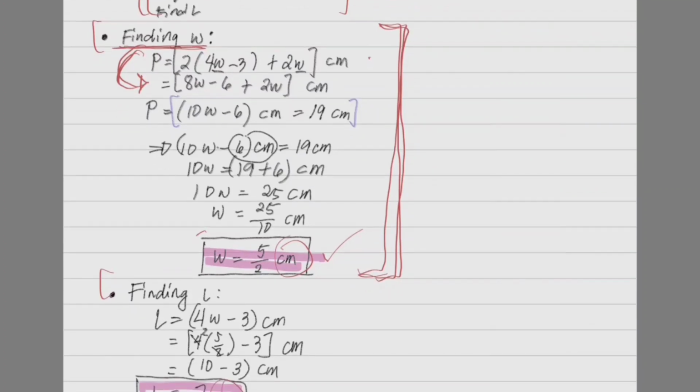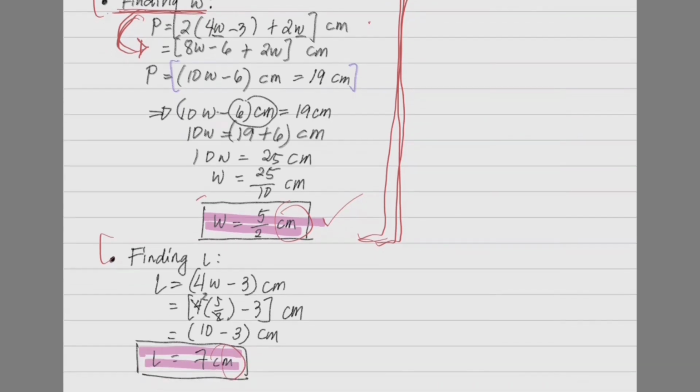So if you put here finding W, your teacher should see that there is a value for your W, which in this case has a numerical value and a unit. So here it should have a numerical value plus the unit.